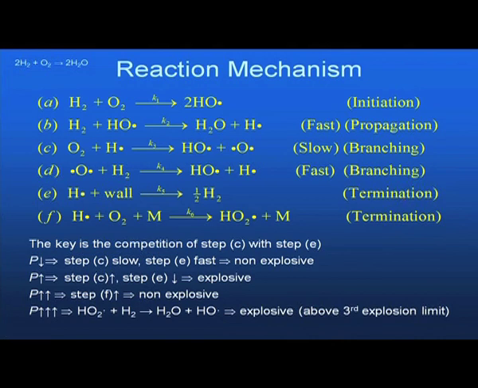There could be another termination step, that H dot plus O2 plus M producing HO2 dot, while M is another molecule present there, or maybe another entity. This is also a termination.